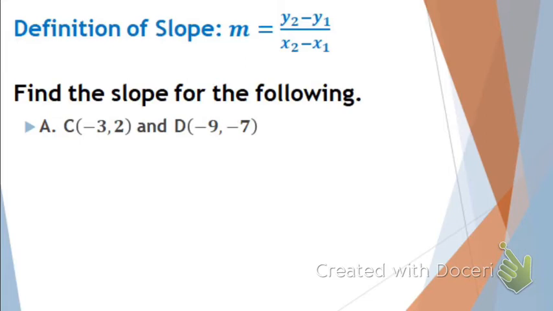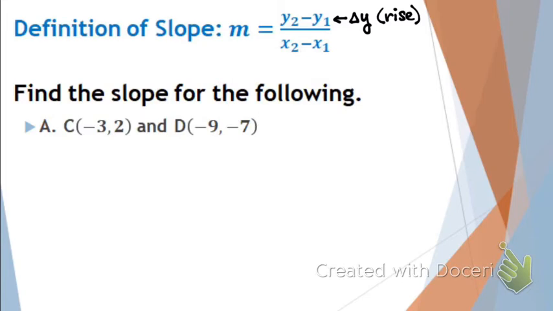All right, finding slope. We practiced this a little bit in the last unit. y2 minus y1, this is the change in my y values. That's the same thing as my rise. So we are subtracting our y values to figure out the difference between those two.